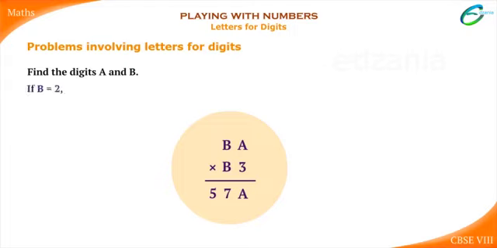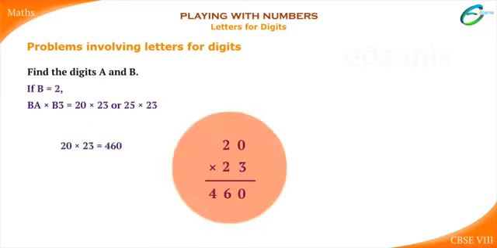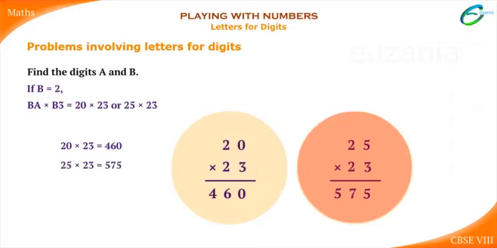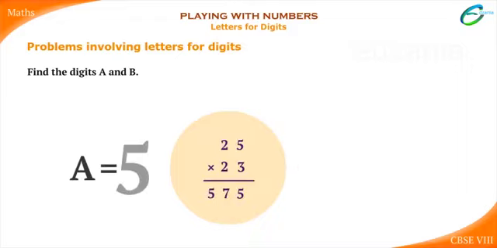So the multiplication is either 20 into 23 or 25 into 23. The first possibility fails since 20 into 23 is equal to 460. But the second one works out correctly since 25 into 23 is equal to 575. So the answer is A equal to 5, B equal to 2.